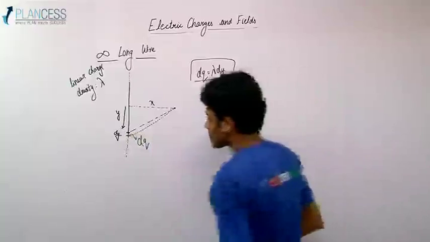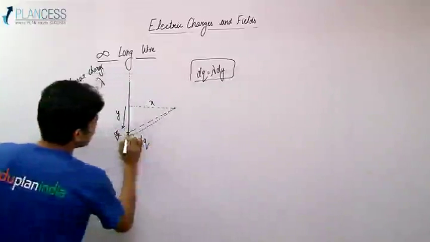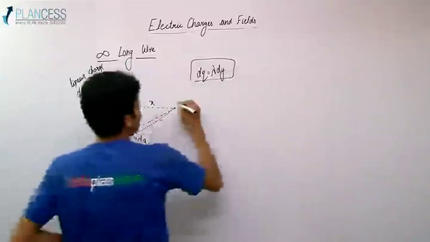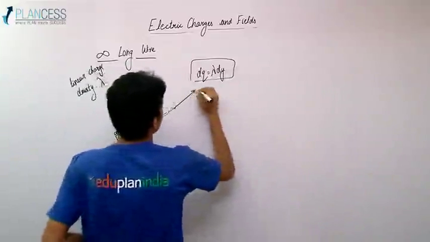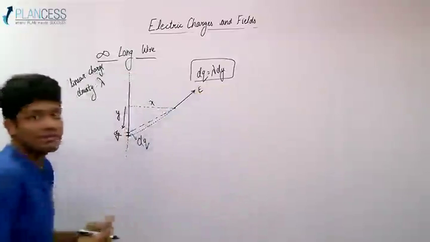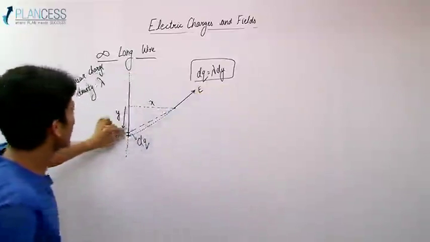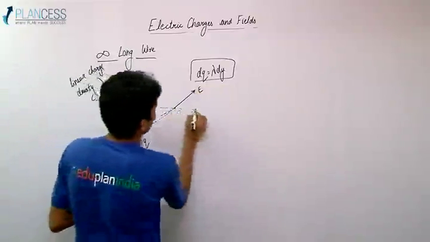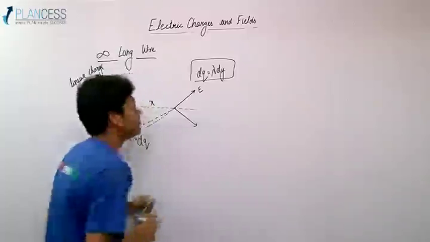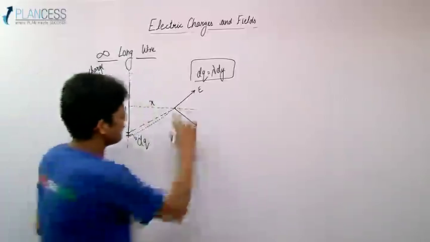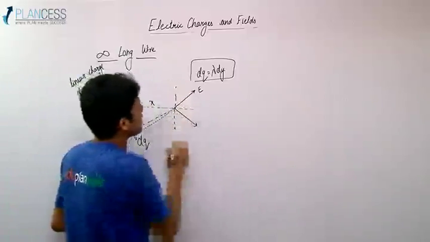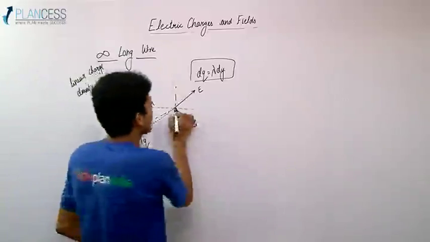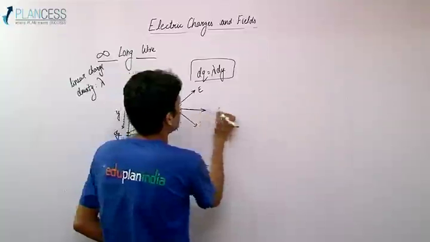Now the electric field by this small part of the wire at this point would be something like this, E. You can clearly see that similar to this point, at a distance y, I have another point upwards which will exert the same electric field in this direction. So the components in this direction of these two electric fields will always get cancelled out, and the final resultant will be in this direction.